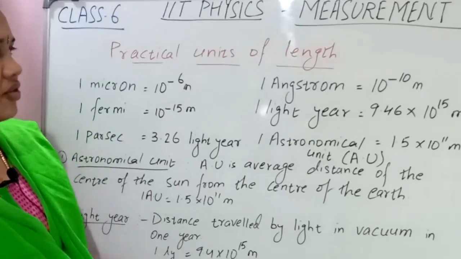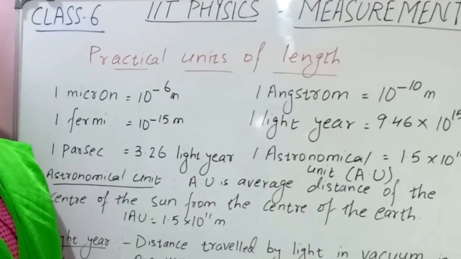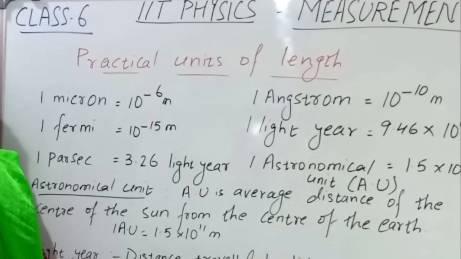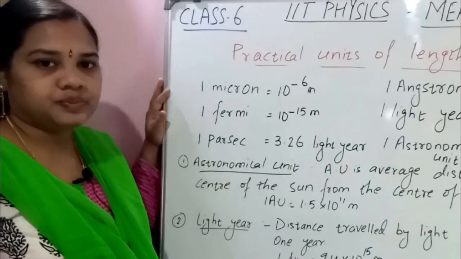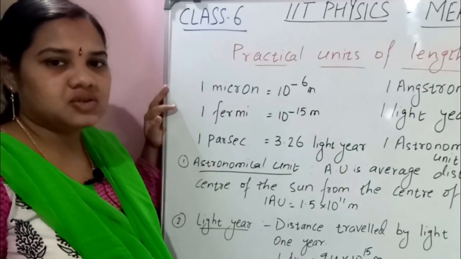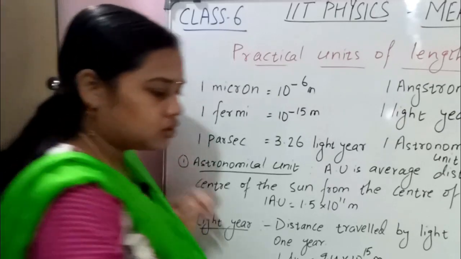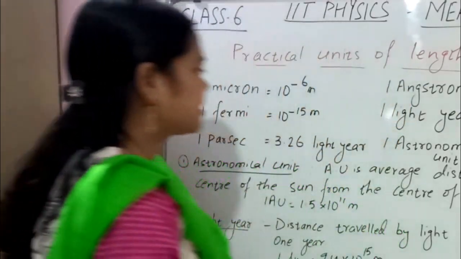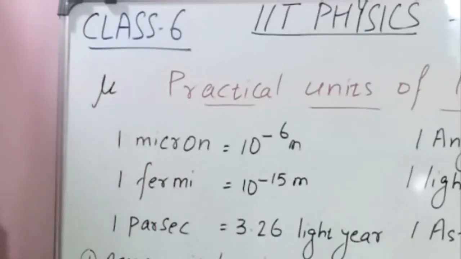First we will discuss practical units of length. Okay, let's start. First is micron. Yesterday you also saw the factor micro. Its symbol is mu. Micro symbol is mu.